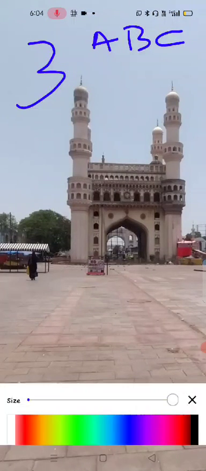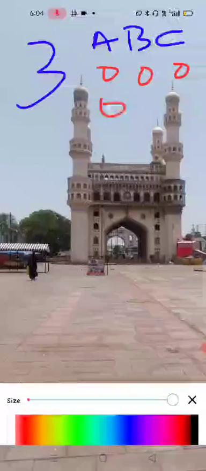If we have 3 inputs, A, B, C, we have 0 0 0, 0 0 1, 0 1 0, 0 1 1, 1 0 0, 1 0 1, 1 1 0, 1 1 1.